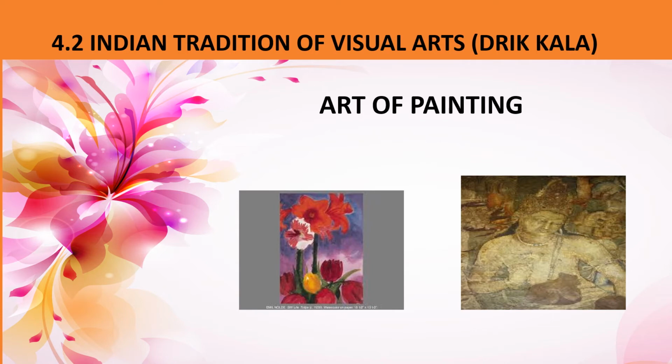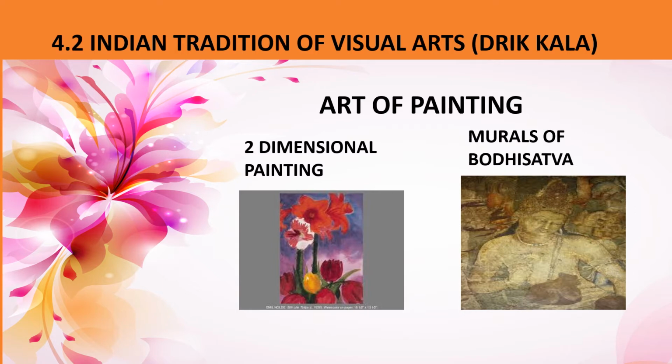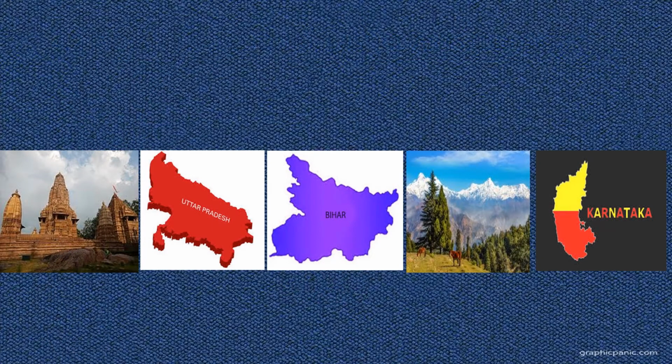All these two-dimensional paintings are done on various surfaces such as the rock walls, papers, canvas of different types and earthen pots. You may have noticed the murals of Bodhisattva at Ajanta cave. These murals of Bodhisattva at Ajanta cave are one of the finest examples of the art of painting.